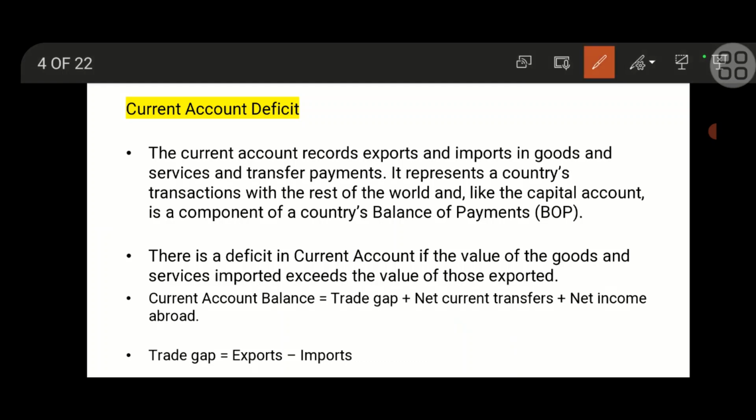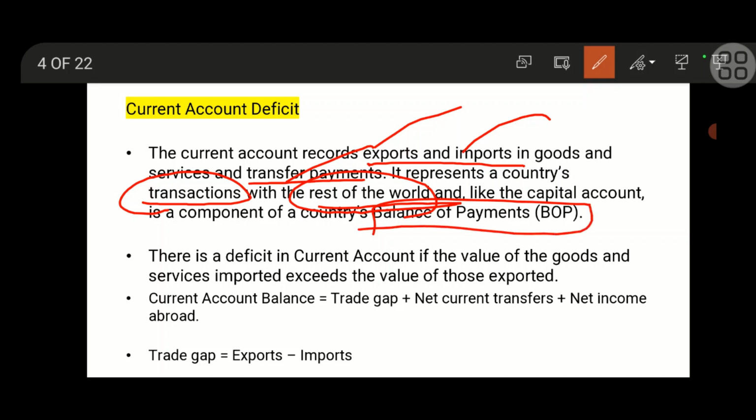It records exports and imports, goods and services, transfer payments, everything, all these components. It is a country's transaction, India's transaction with the rest of the world. The transaction may be export, import, transfer payment, whatever it is. So this is a component of a country's BOP, balance of payment.